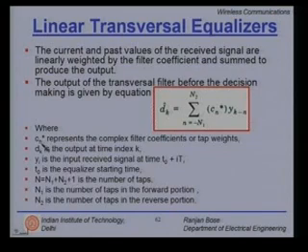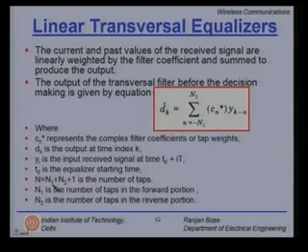In this equation, Cn star represents the complex filter coefficients, also called the tap weights. Dk is the output at the time index k. Yi is the input received signal at time t naught plus i T. T naught is the equalizer starting time.